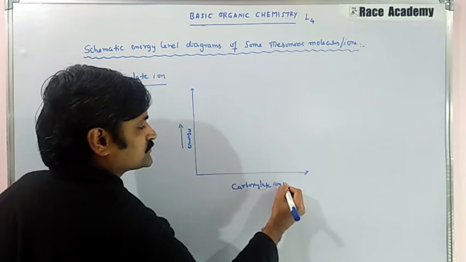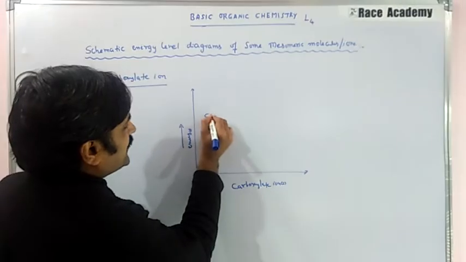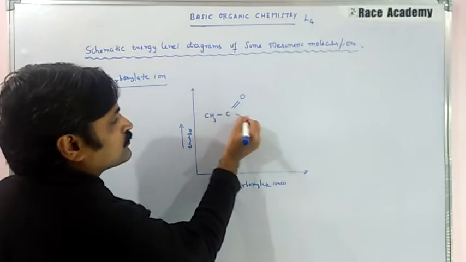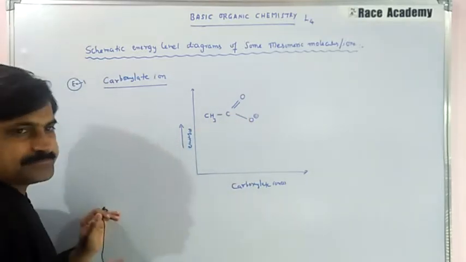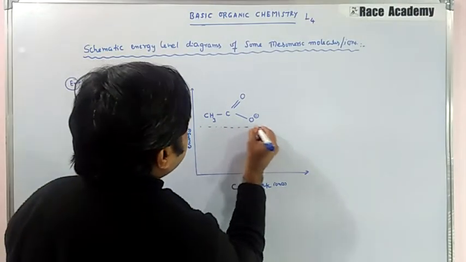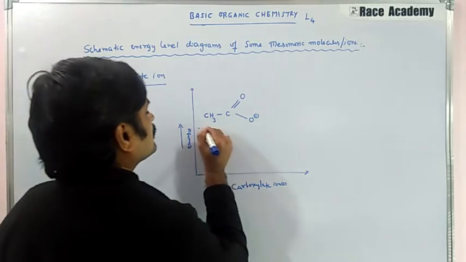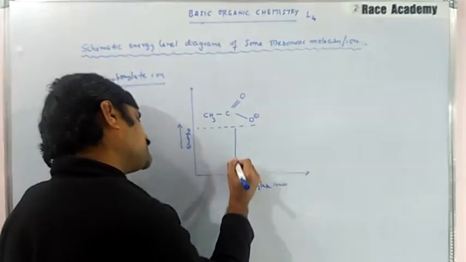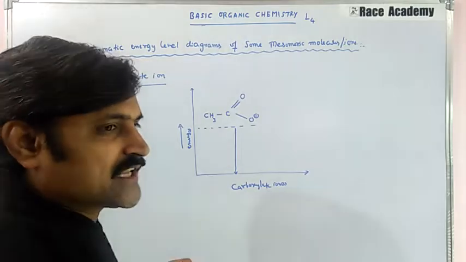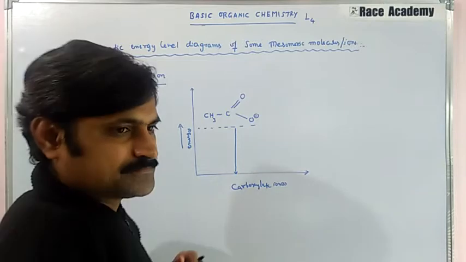As you know, the acetate ion is CH3, C double bond O, O minus. This acetate ion has this energy level, which can be shown like this with an arrow mark. This arrow mark is the conventional mesomeric energy of this ion.